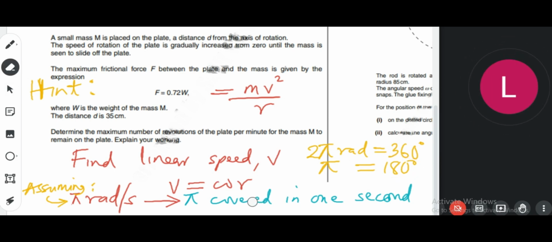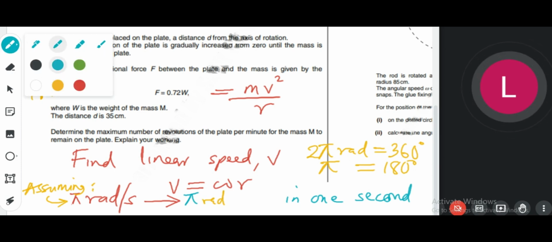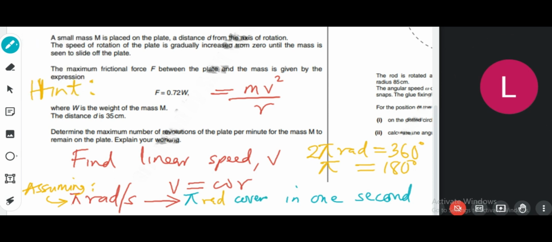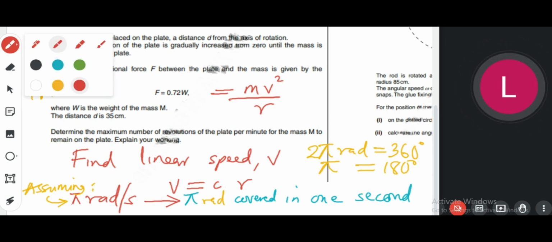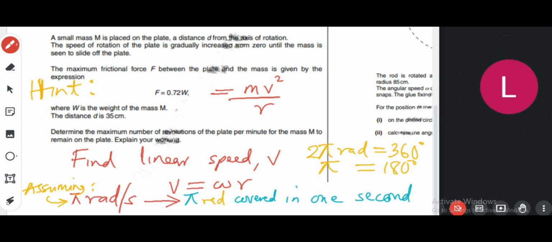That's angular speed, represented by omega. Assuming we got omega equal to pi rad per second, it simply means pi rad is covered in 1 second, which means 180 degrees covered in 1 second.